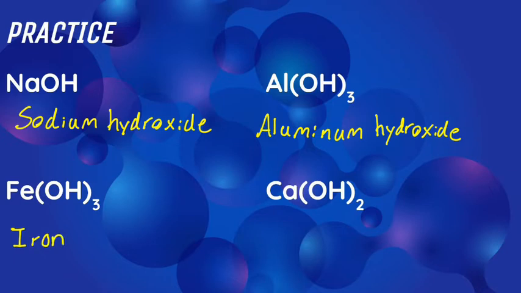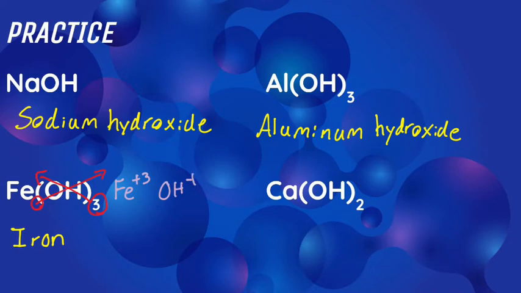Now, we may notice that iron is a transition metal. So because it is a transition metal, we have to look at our charges. So what we're going to do is uncross our subscripts. So what we end up with is our Fe plus 3 and OH minus 1.